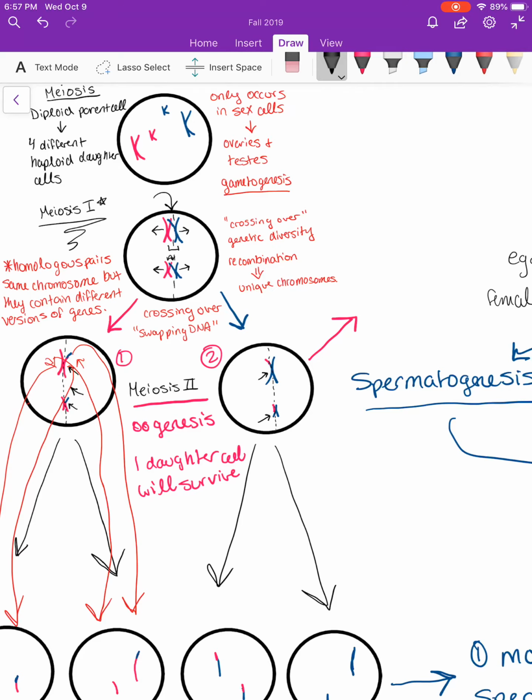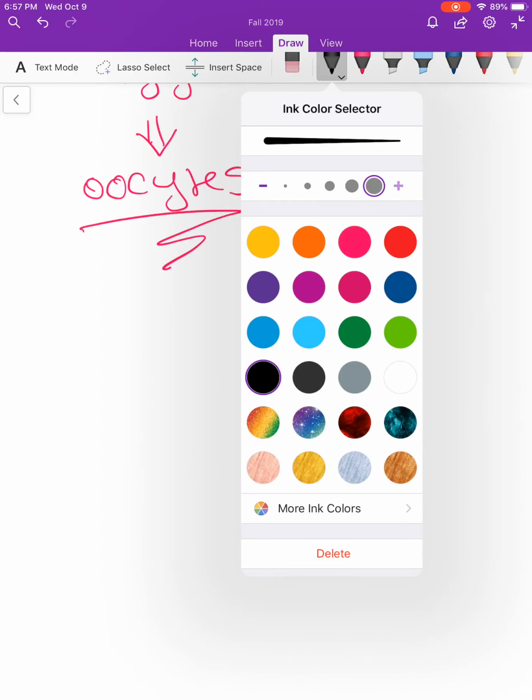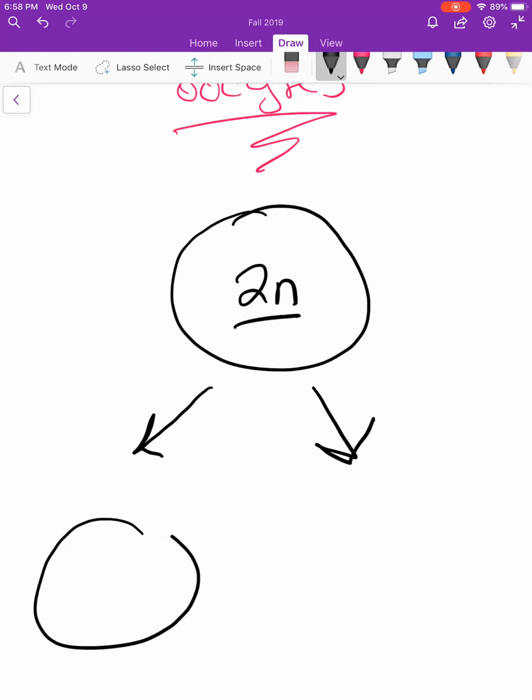So the reason why it's different, with oogenesis, let's say you have this big cell, right? It splits into 2. So this is your 2N big cell, the diploid parent cell. Because it's the first phase of meiosis, you're still going to have 2N, so you're going to have a big 2N one, and then a little 2N one, okay?